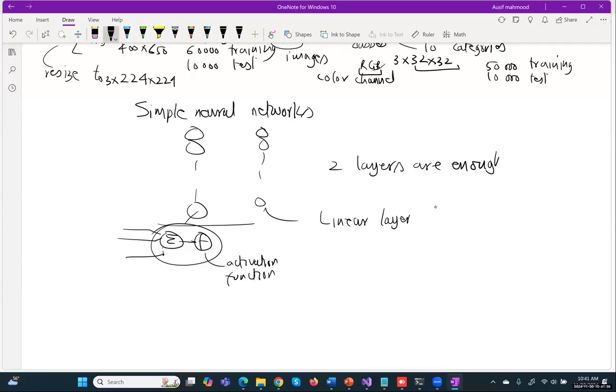Because of the universal approximation theorem, which states that any complex decision boundary can be learned by a 2-layer network, provided we use enough neurons in the hidden layer. Remember, the output layer is controlled by how many categories we are trying to categorize into, right? So 2 layers are enough, okay?